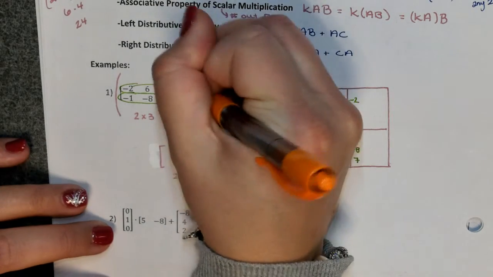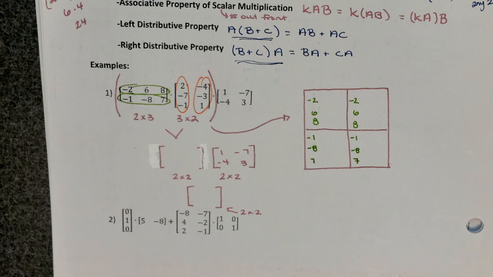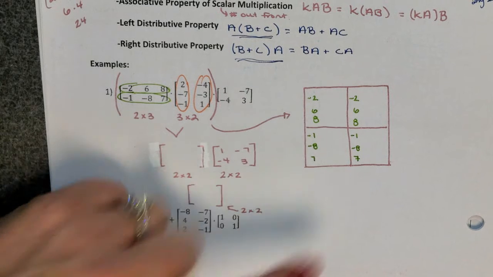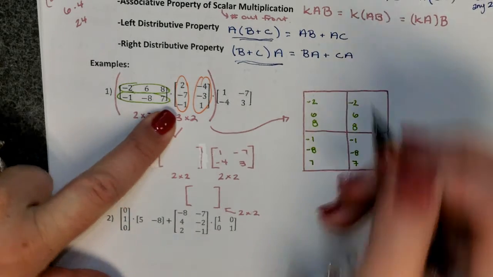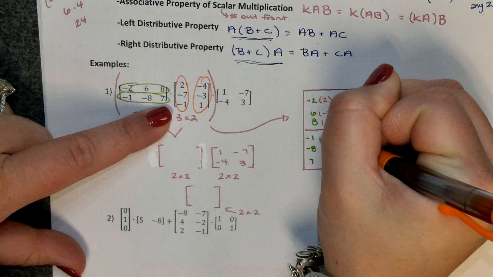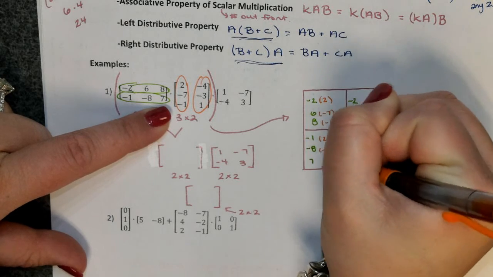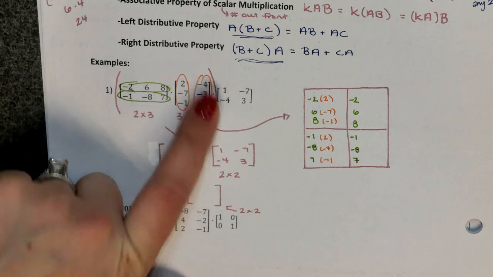Then I know I'm going to be looking at columns in this one here. So, what numbers do I use in this first column? Yes, 2, -7, -1. In the second column, I'm going to be using the second column of numbers.